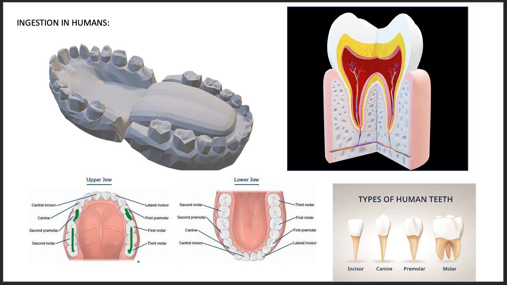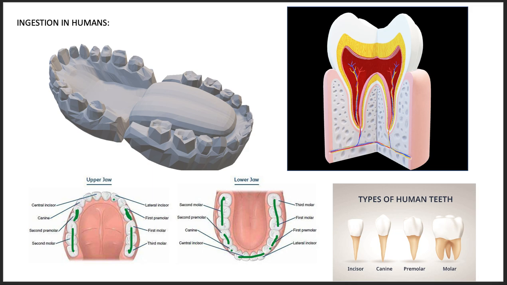So this is the upper jaw. And same with the lower jaw. You have 4 incisors, 2 canines, 4 premolars and 6 molars. So this forms your upper jaw and the lower jaw. So totally an adult will have 32 teeth.